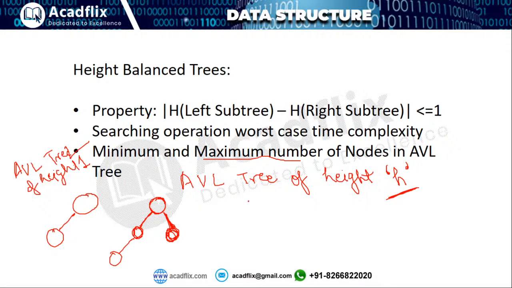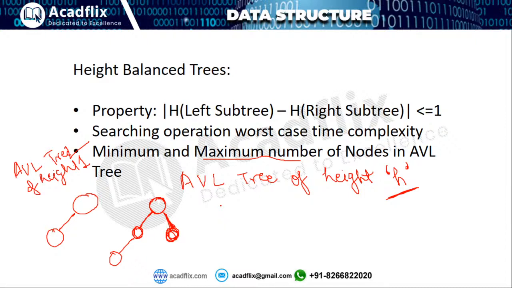So you can construct an AVL tree of height 3 also in a manual way, but this will not work for bigger heights. You cannot really do this on paper. So what I'll do is give you a formula that you need to follow.